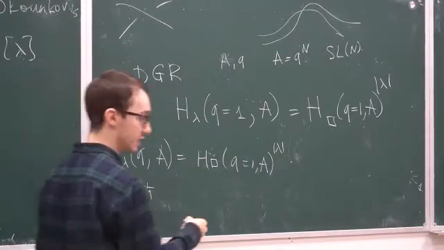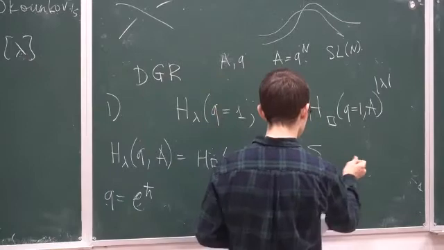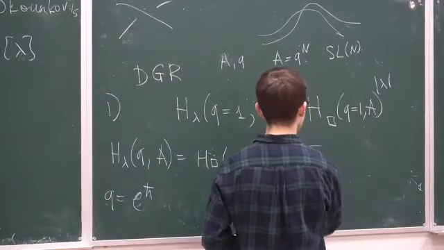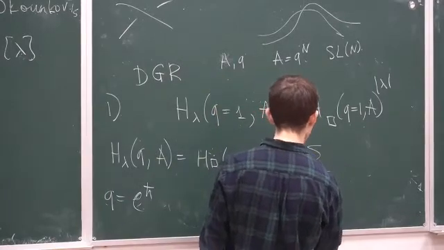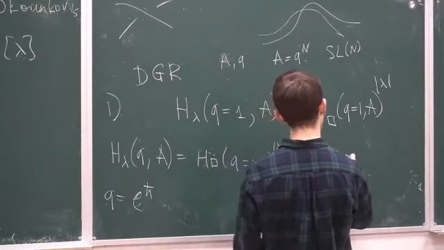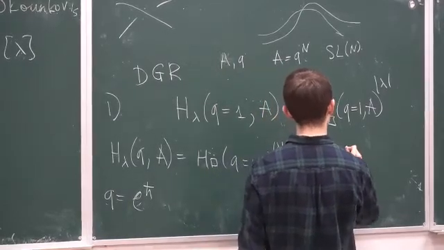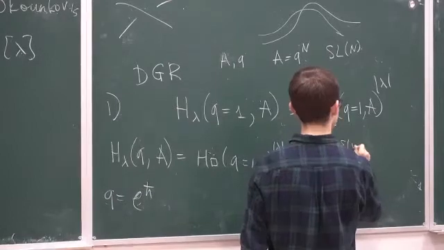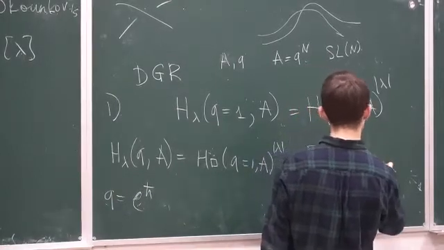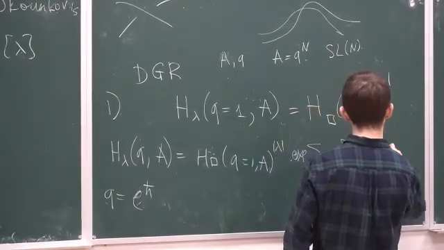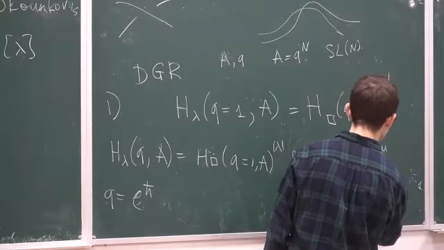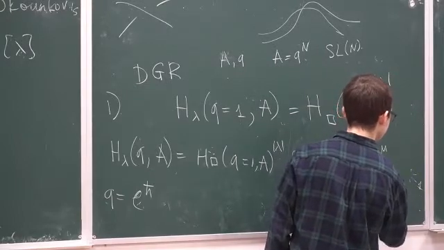So we have an expansion in h bar. So we obtain some exponent here and a sum over partitions Q, h bar to some power delta E, and chi_lambda(Q). These are characters of symmetric groups.